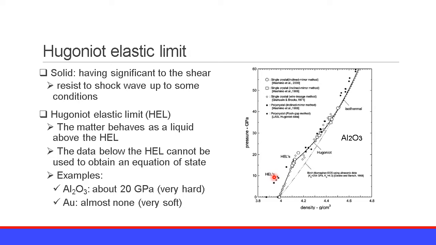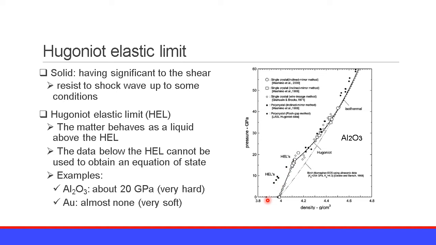In order to construct the equation of state, in which we do not consider the resistance of the sample to the shear, the data above the Hugoniot elastic limit have to be used, and the data below the Hugoniot elastic limit should be discarded.